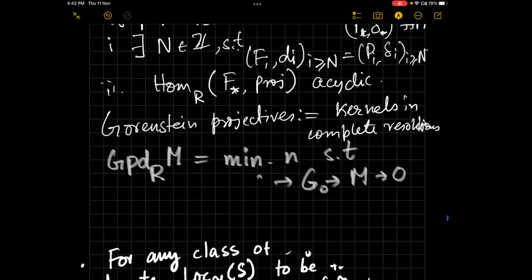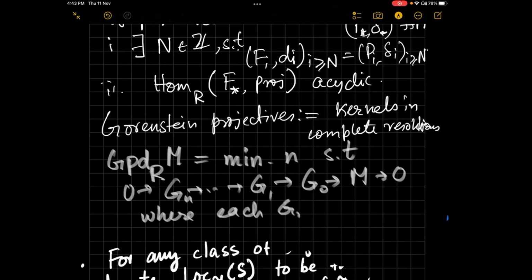So there is an exact sequence where each term is Gorenstein projective. So now I have defined what it means to say that a module has certain Gorenstein projective dimension. And of course, if there is no such n, we will have to say that the Gorenstein projective dimension of our given module is infinite.